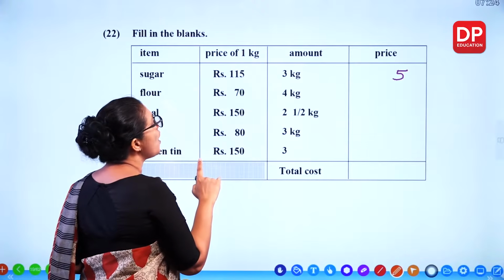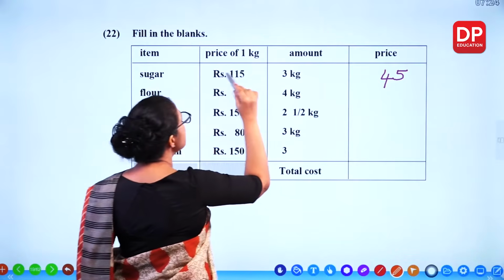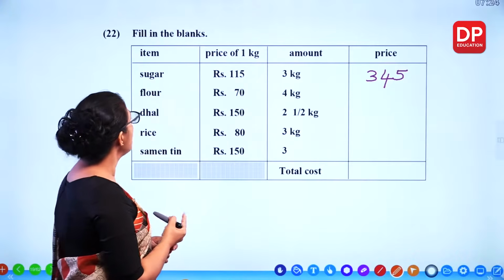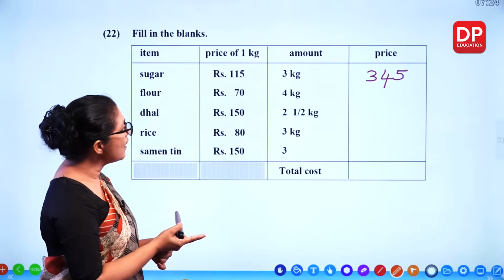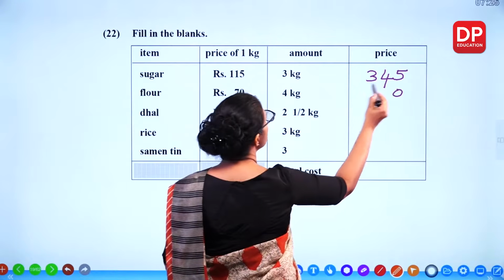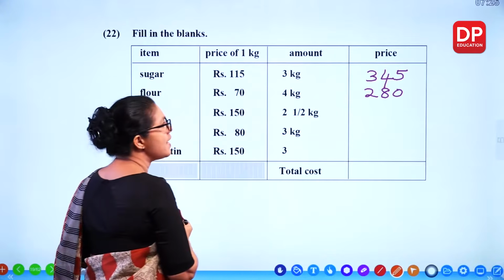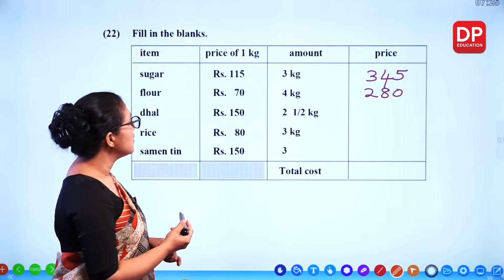So 3 times 1, 3. 3 plus 1, 4. 3 times 1, 3. 345 rupees. 1 kilo of flour is 70 rupees. What about 4 kilos? You multiply. 4 times 0, 0. 4 times 7, 28. 280 rupees.